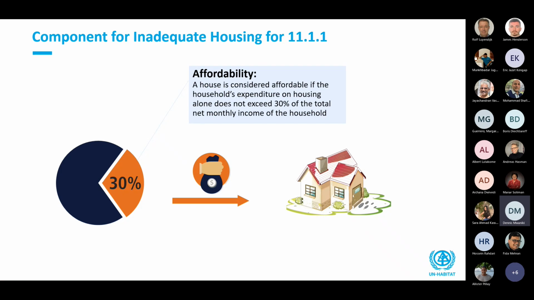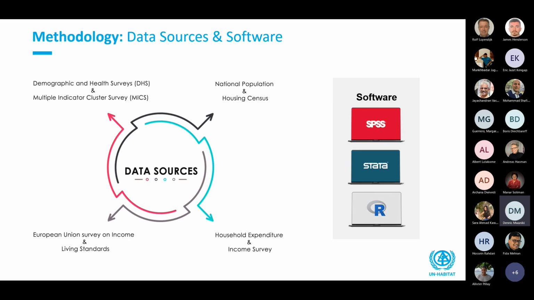I mentioned that for the housing component, that is the 3rd component of this indicator 11.1.1, we use the affordability measure, and a house is considered to be unaffordable if you pay more than 30% of the total net income at the household level.